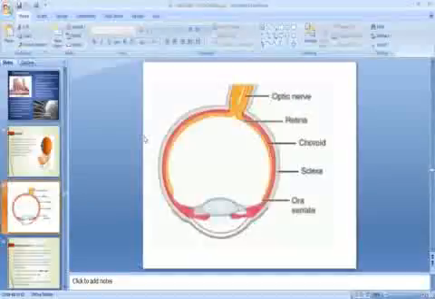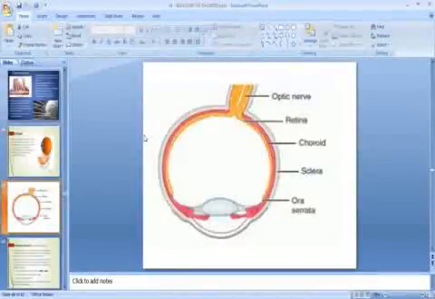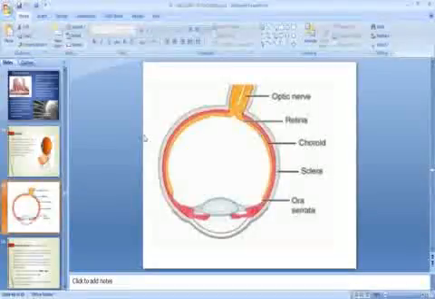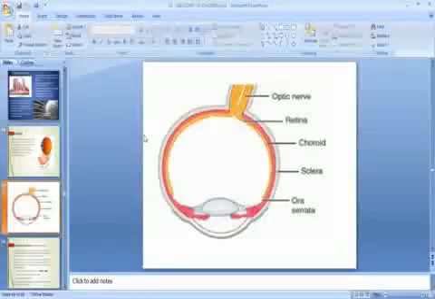In this image you can see the choroid, which is the vascular coat, and it lies beneath the sclera.